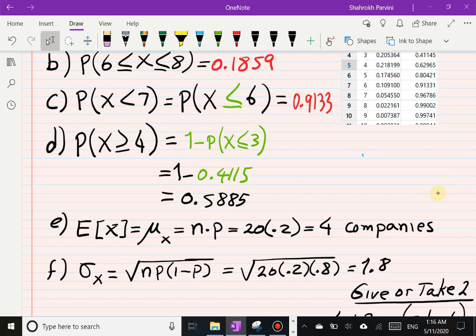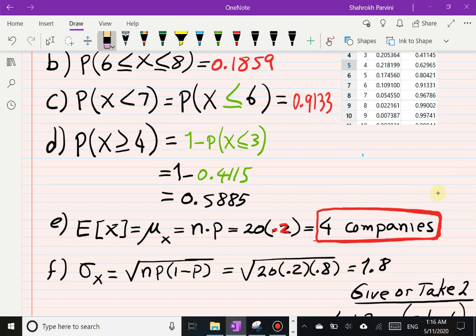That's going to be n times p, and I multiplied it, and the answer is going to be 4. So we expect 4 out of 20 companies to miss their earnings. Notice the expected value makes sense. If 20% probability of miss, then that's proportional. In a sample of size 20, you expect 20% of them, right, to miss.